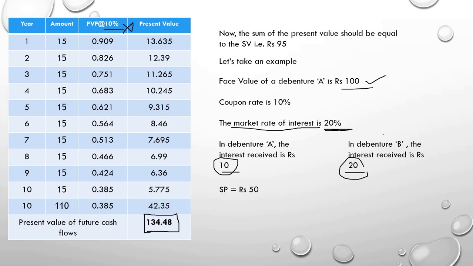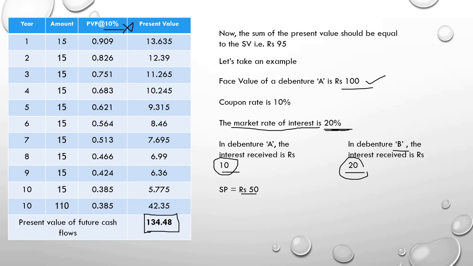Now, the person who is investing in debenture B and getting 20% return, if the same investor purchases the debenture of company A at rupees 50, he will get 10 rupees as interest.